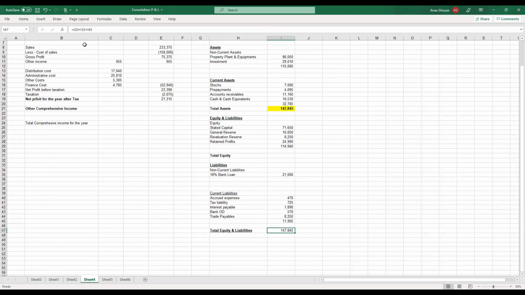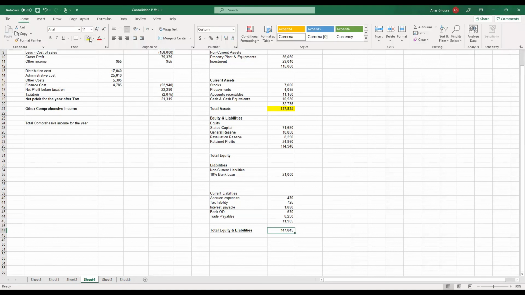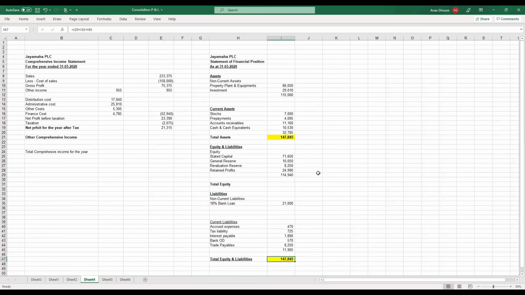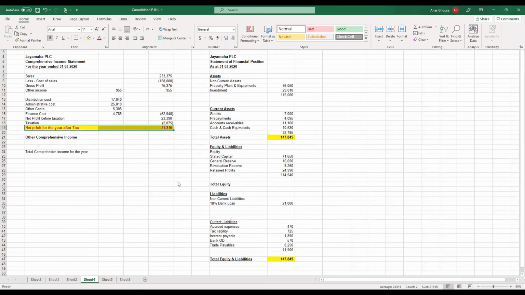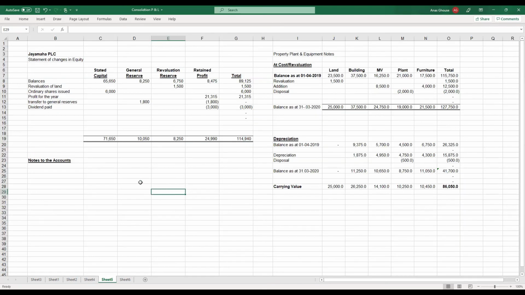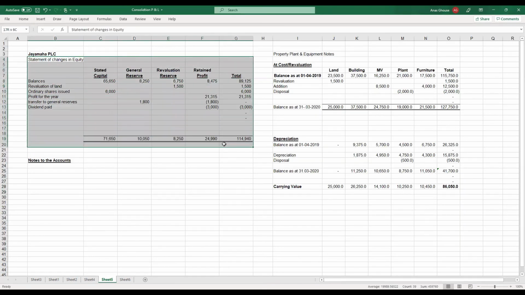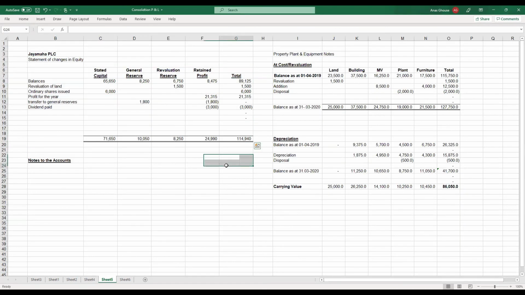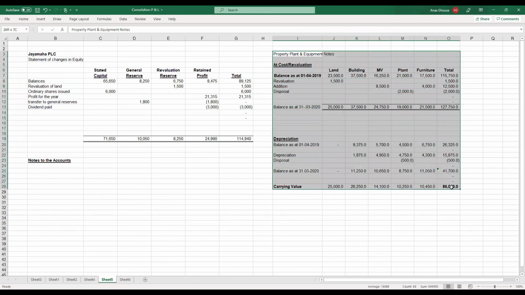As you can see, the total is 114,845,000. So this is the financial position. This is the net profit, 21,315,000.